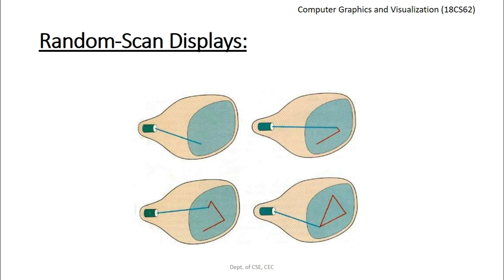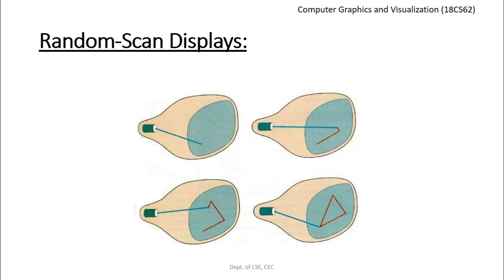To display a specified picture, the system cycles through the set of commands in the display file, drawing each component line in turn. After all line drawing commands have been processed, the system cycles back to the first line command in the list.